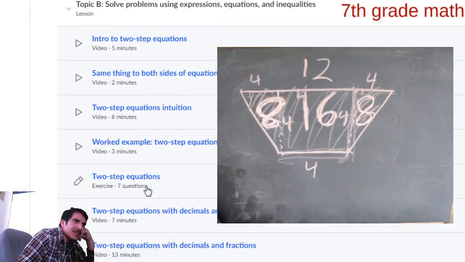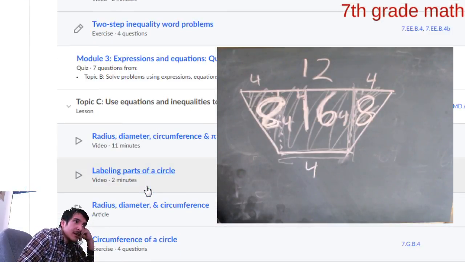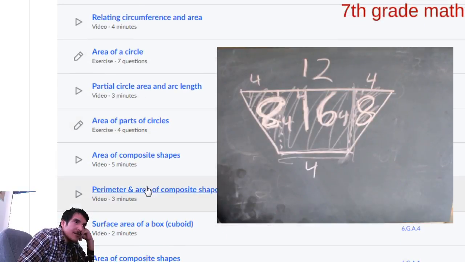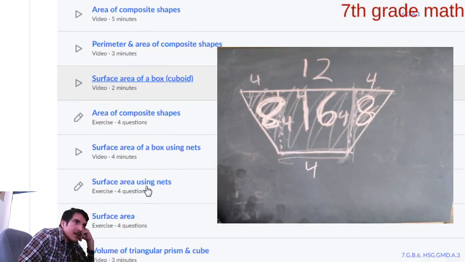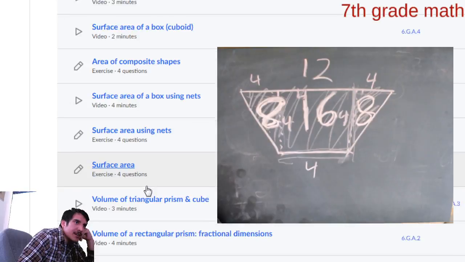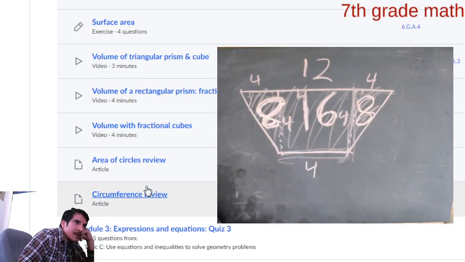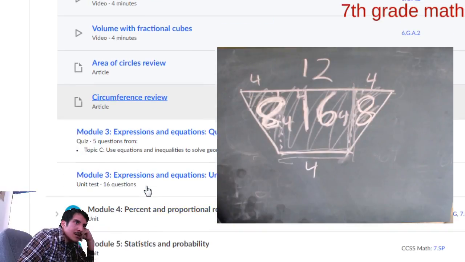I think that was quiz 3, module 3. What was after that? We did area, surface area. We can do volume. Dang, they don't have any volume problems here. So here's what we'll do.